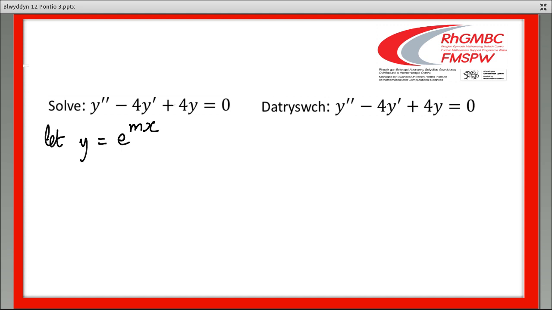Now, in terms of this, that will give me y dashed equals m e to the mx, and y double dash is going to give me m squared e to the mx.